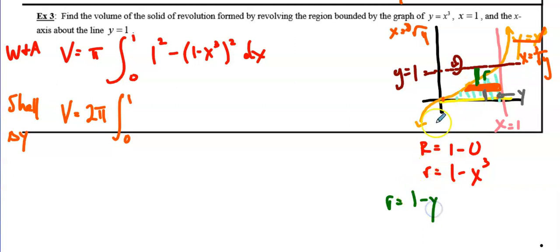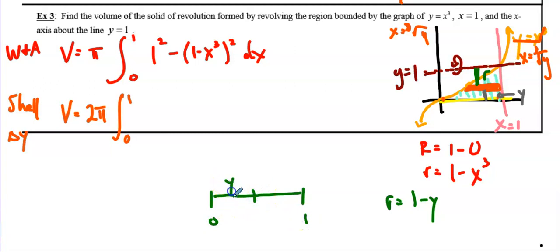Let's look at that and make sure this makes sense. So if this whole thing right here is 1, and I want to subtract this tiny distance, which is y, then what's left over is going to be r. I know you guys probably don't need to see this, but you know, it's me and I want to show you this.